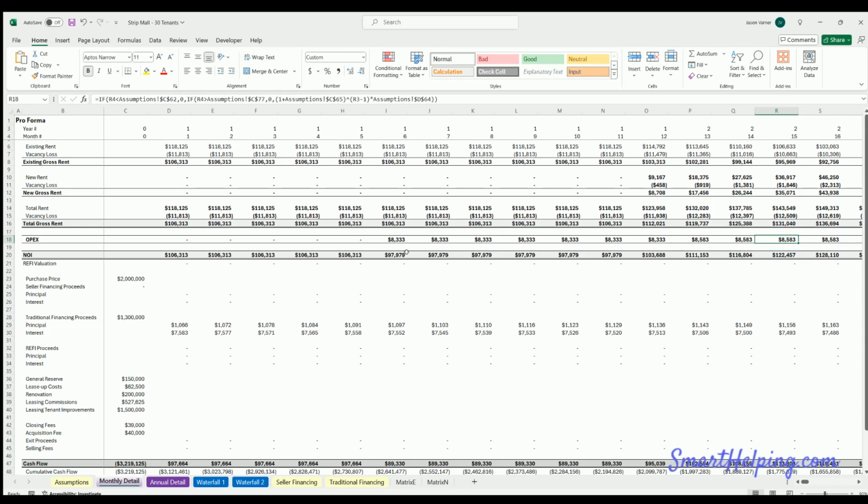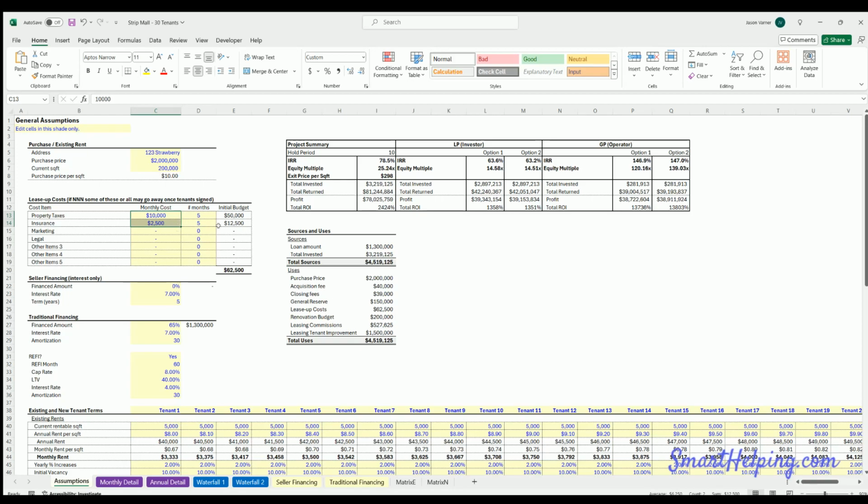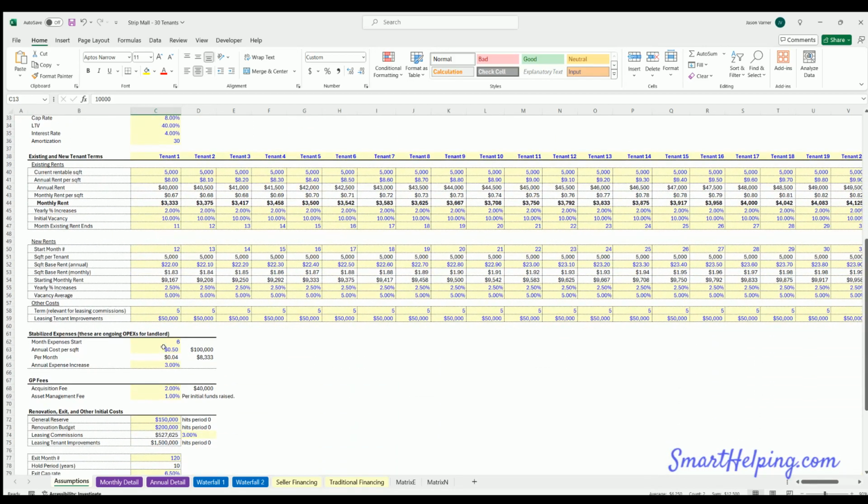So you see here, expenses starting here, and then we have our lease up costs, which will cover this initial period. And there's a lot of reasons why I wanted to make this dynamic and not just put the expenses starting in month 1.